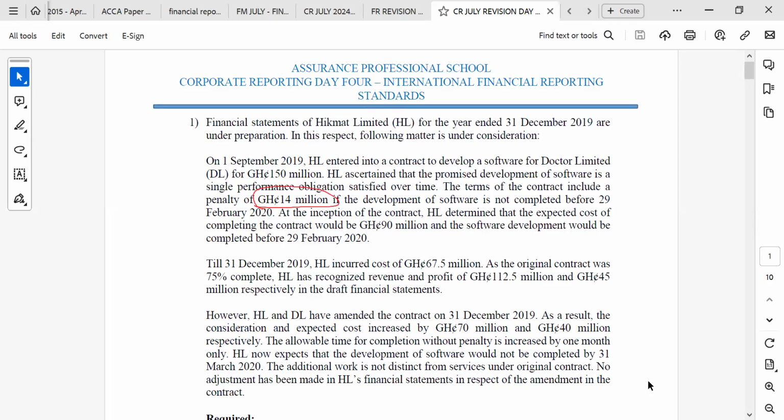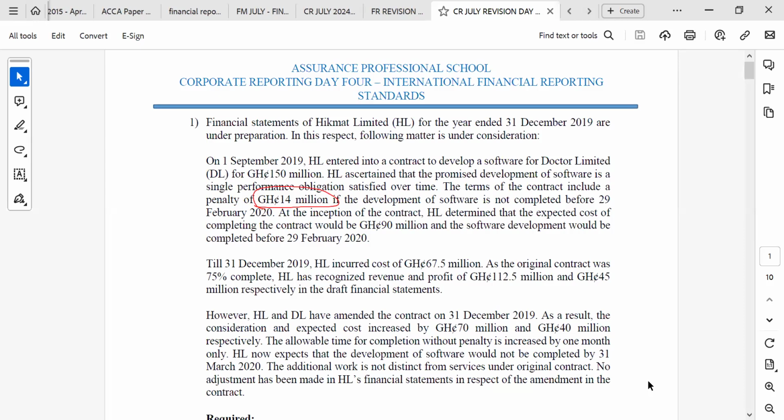Because we will not be able to complete the work, it means that we are going to be paying 14 million of the amount that we are receiving. So the penalty will be taken away from our contract price. We have included a penalty as part of the amount. So since we are going to be paying the penalty, that should be subtracted.